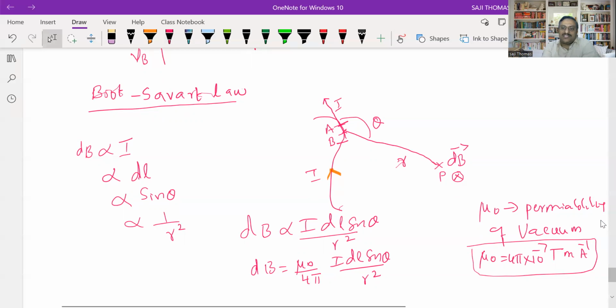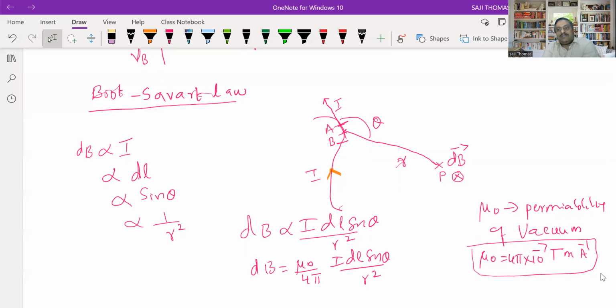Once again, I will give you the statement. Biot-Savart law states that the magnetic field at a point due to an elementary length of a conductor is directly proportional to the strength of the current, directly proportional to the length of the element, directly proportional to the sine of the angle between the direction of current and the line joining the element to the point P, and inversely proportional to the square of the distance between the element and the point under consideration, where you find the magnetic field.